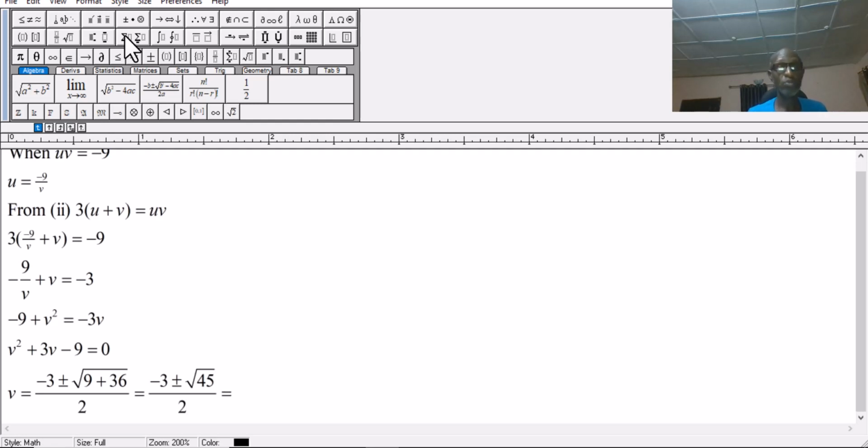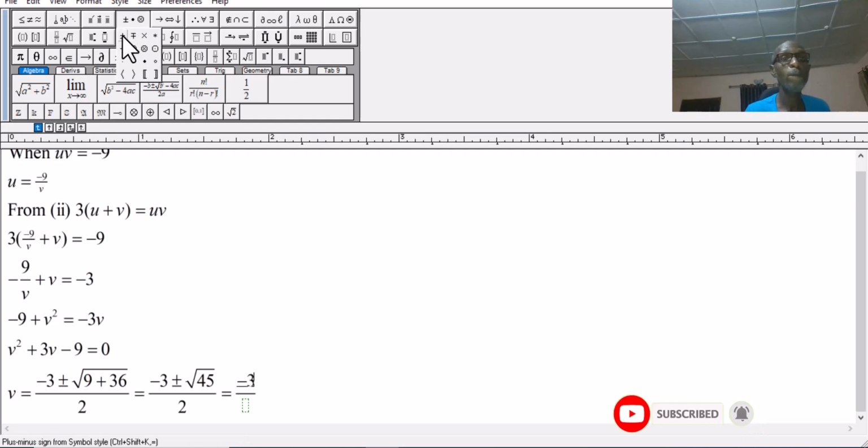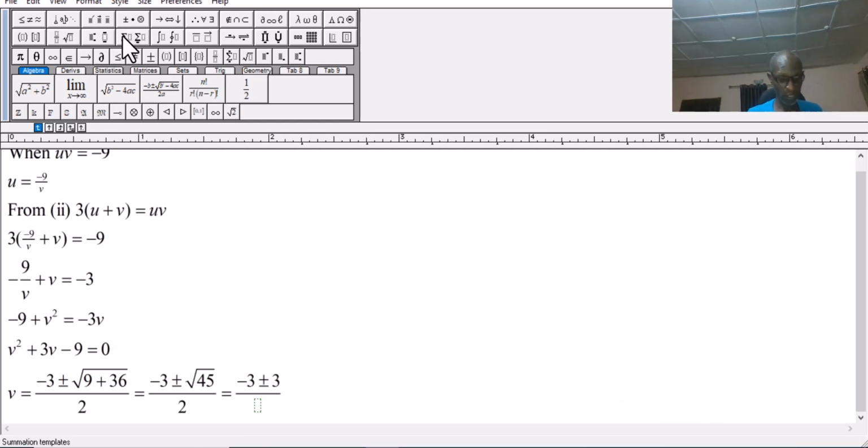So this gives us minus 3 plus or minus 3 root 5, because 45 is 9 times 5 and the square root of 9 is 3, all over 2. So that's the value for your v.